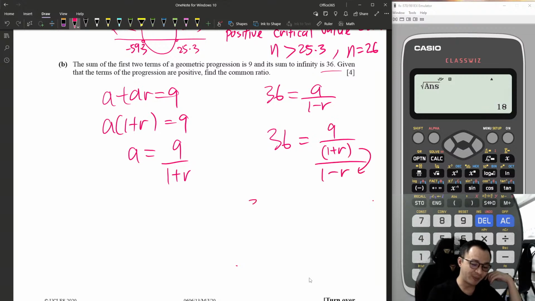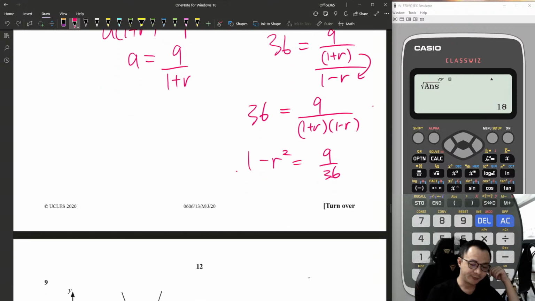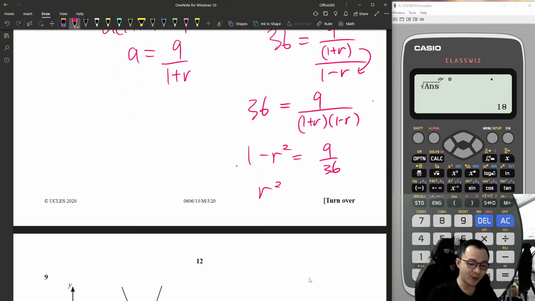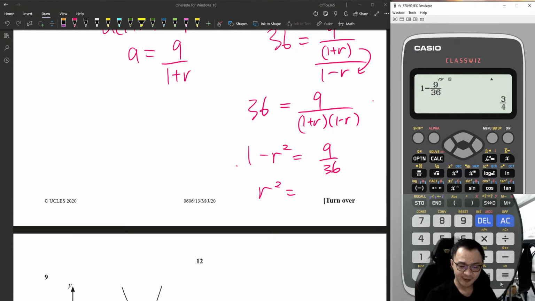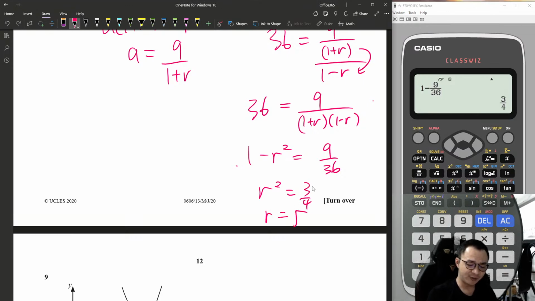Both of these multiply, so 36 is 1 plus r times 1 minus r, which is 1 square minus r square, equals 9 over 36. So r square equals 1 minus 9 over 36, which is 3 over 4. Then my r is square root of 3 over 4, which is square root 3 over 2, isn't it?